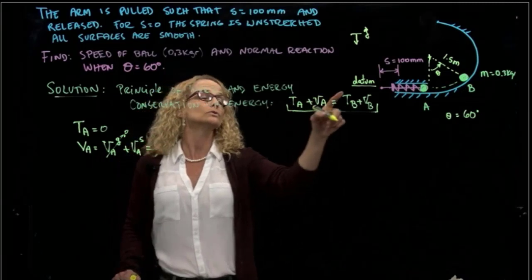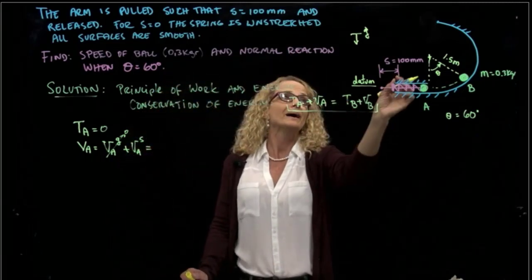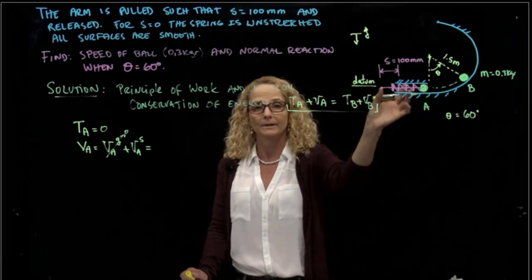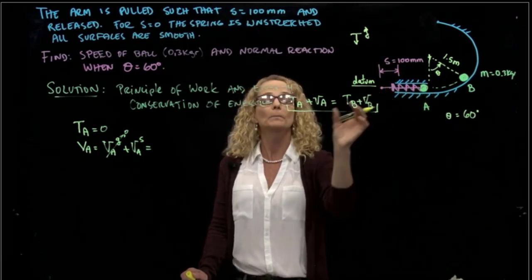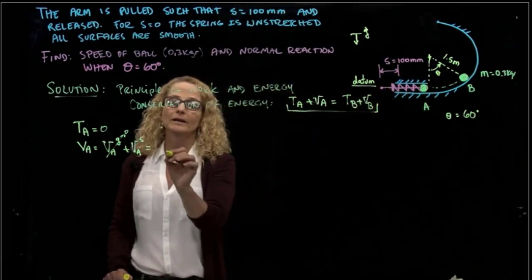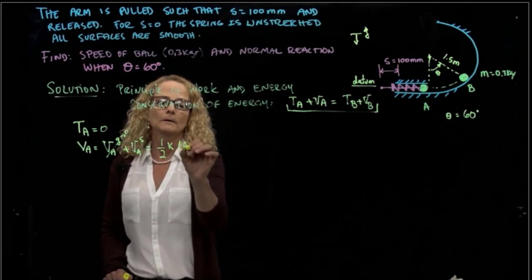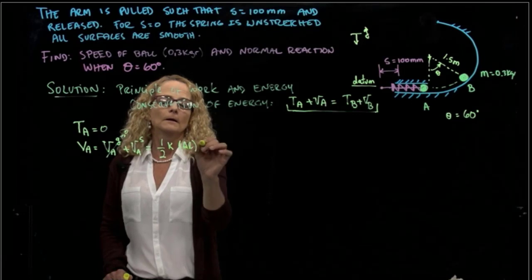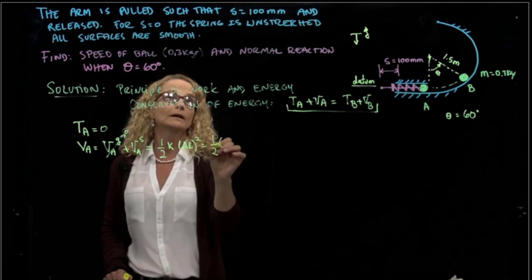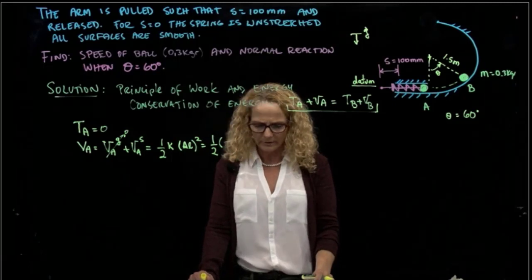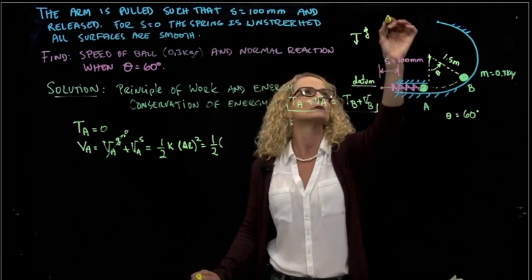The spring is unstretched for S equals 0, but I have here S equals 100 millimeters. So it means that the spring is compressed, so I do have potential energy for the spring, and the energy will be one-half times the constant of the spring. Do I have the constant of the spring? Yes, I have it.